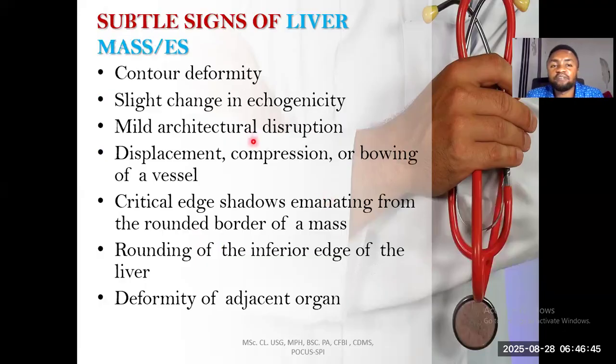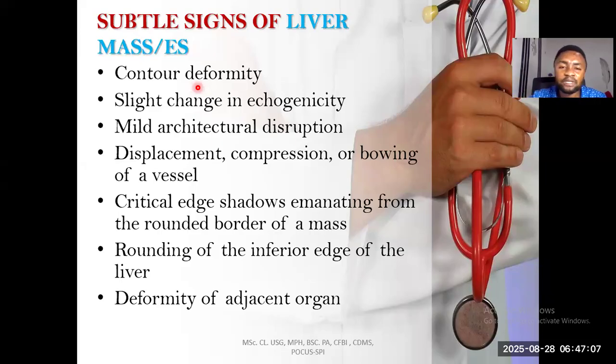Now, subtle signs of liver masses. There are some signs of liver lesions or masses or tumors. There are some tumors in the liver that, when you are capturing the liver, the tumor is there, but it may be difficult to see. And so it presents with subtle signs.